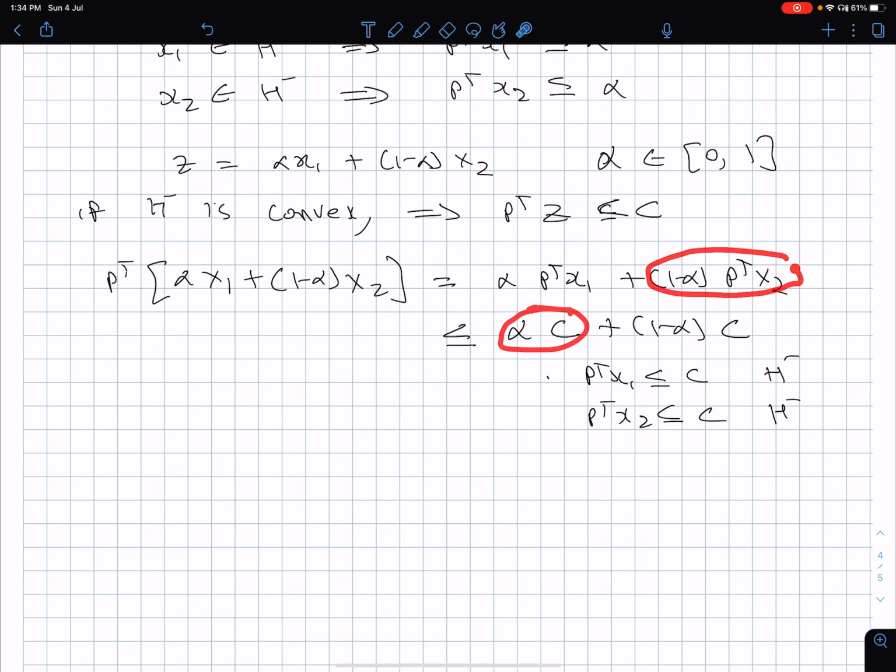Similarly, the same logic applies here. So therefore, this is also less than or equal to this. So the summation of two less-than-or-equal-tos will give me another less than or equal to, which is given here.